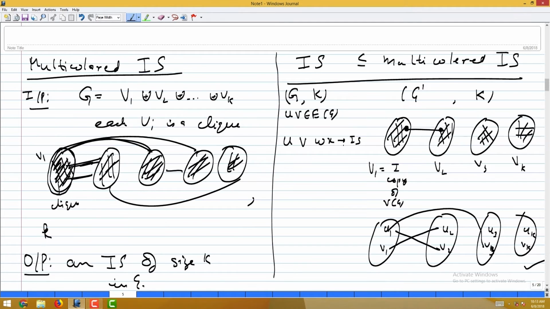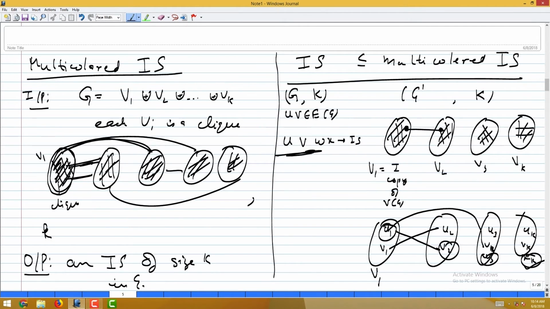What I do is I go to the first color class and pick the copy of u, so u1. Go to the second color class, pick the copy of v, so I pick v2 here. Go to the third color class, pick the copy of w, so w3, and so on. I'm claiming that if this was an independent set, then this has to be an independent set in this graph.